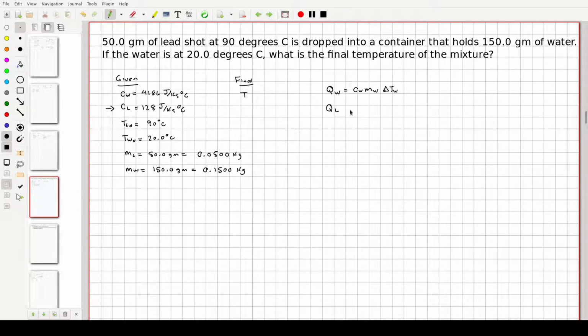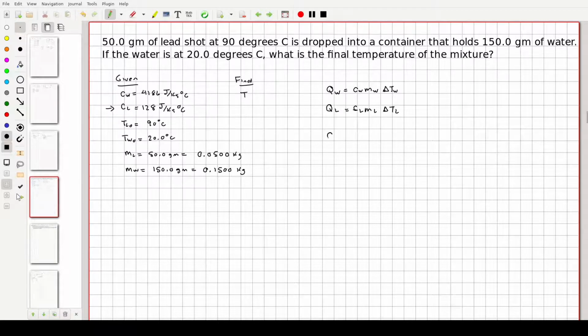For the lead, we expect it to be negative. The reason is because the change in temperature that the lead experiences is negative. So, whatever energy the lead loses, the water is going to gain.